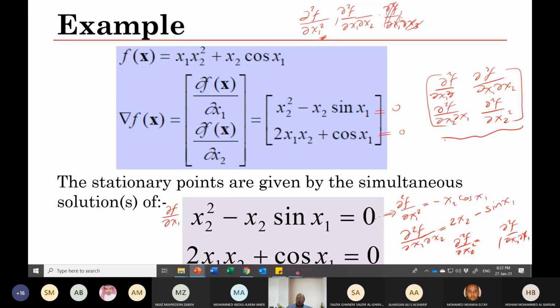So you end up with the 2 by 2 matrix. This matrix is called the Hessian matrix.